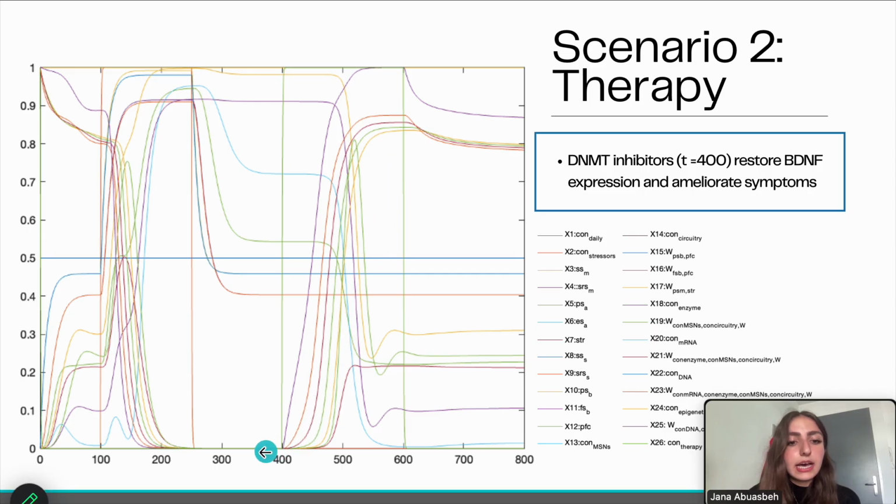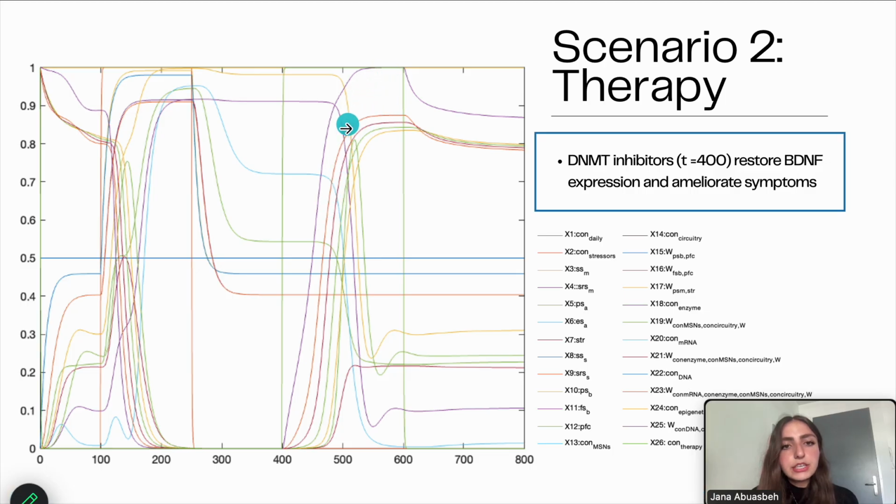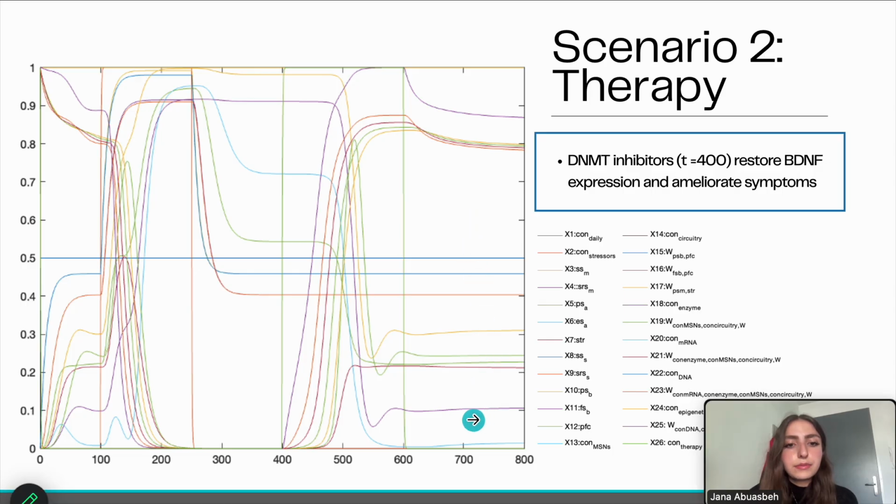So we see how the DNA hypermethylation no longer causes BDNF downregulation, so BDNF levels increase back to pre-stressor levels, and also the downstream effects of this. So we have the increased mRNA, increased protein synthesis, better neuronal health, and this translates to the improvement of symptoms.